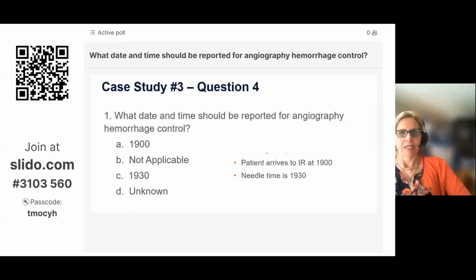Next one, what date time should be reported for angiography with hemorrhage control? Patient arrives to IR at 1900. Needle time is 1930.